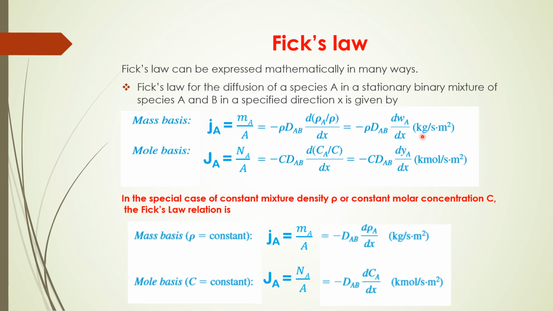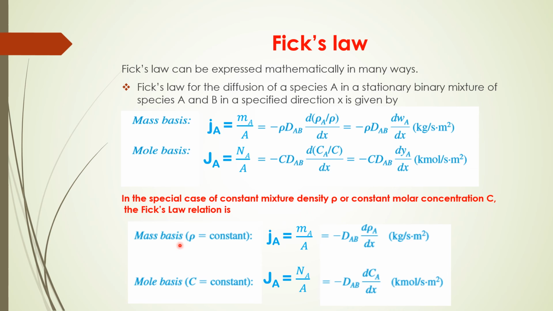Its unit is kg per second per meter square. On a mole basis, we can write minus C DAB d(CA by C) by dx, which is equal to minus C DAB d(YA, the molar fraction) by dx, in terms of kilomole per second per meter square.